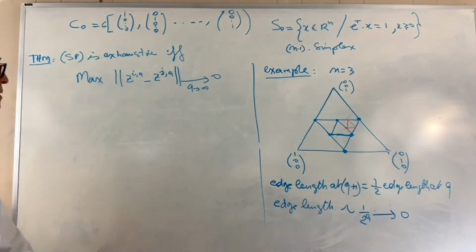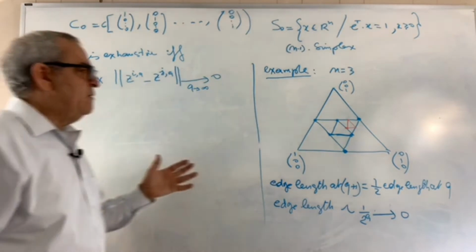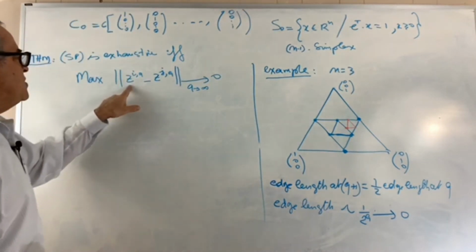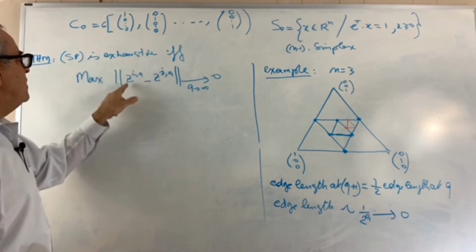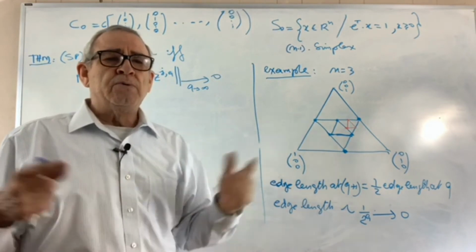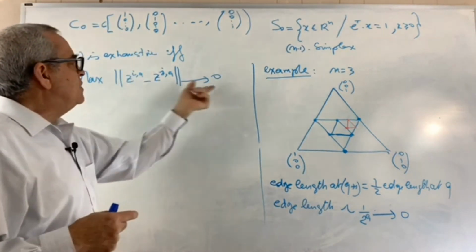Okay, that's fairly obvious. Because if a process is exhaustive, each ZIQ is converging to the same point, so the distance between the two converges to 0.